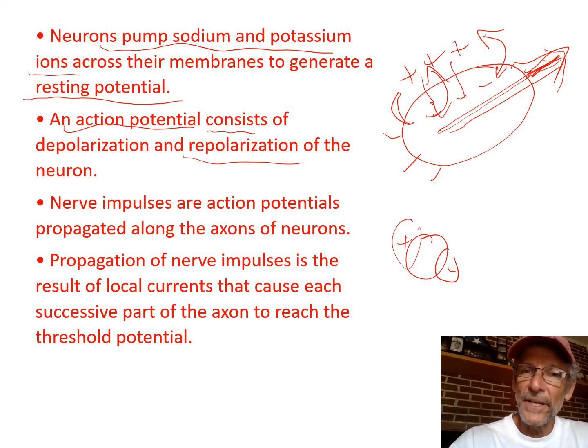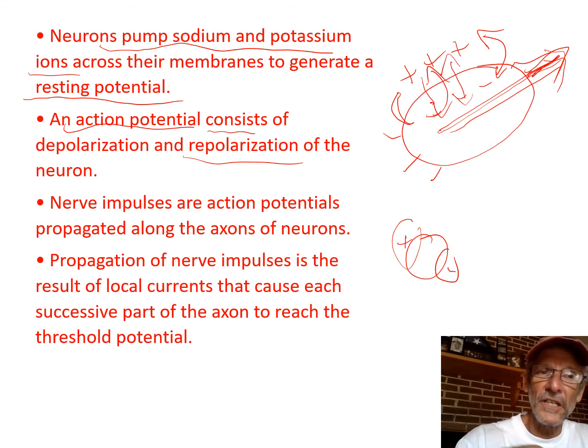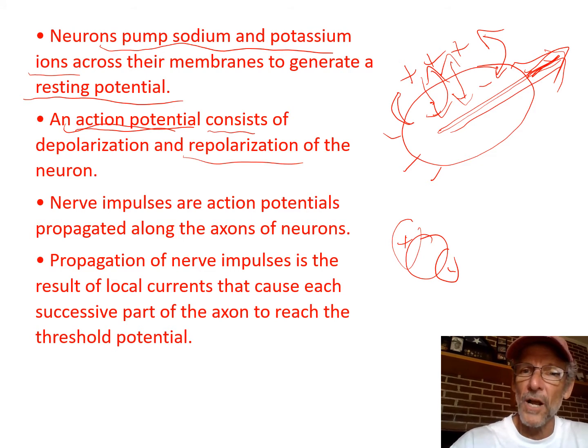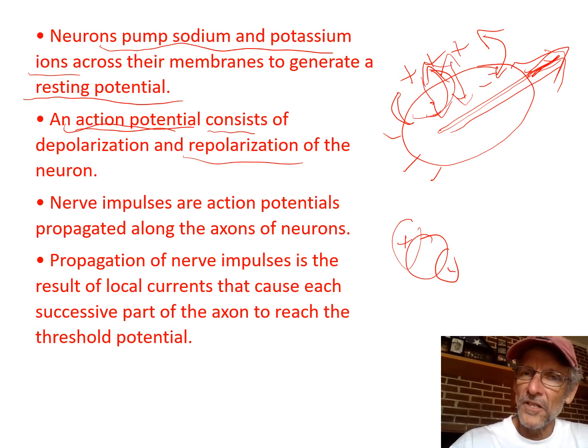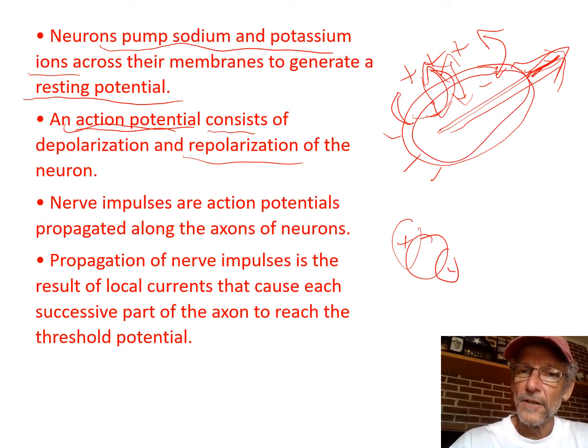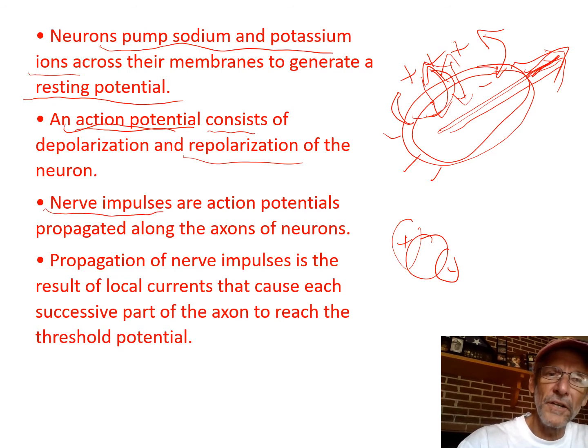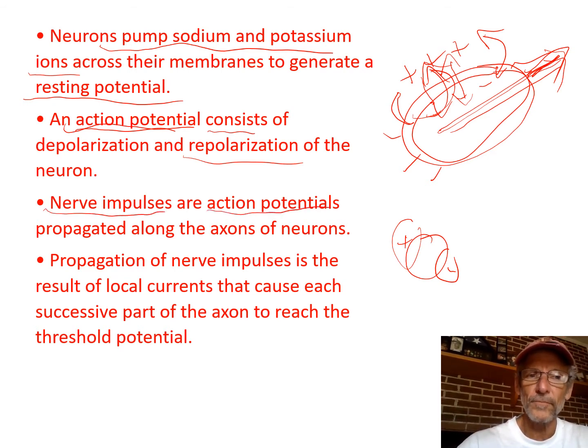So the flipping of it, the depolarization, is what the action potential is all about. And then the repolarization reverses that to let this nerve fire again. So all this will become more clear as we break it down in more detail, right? But this thing that we call a nerve impulse is an action potential.